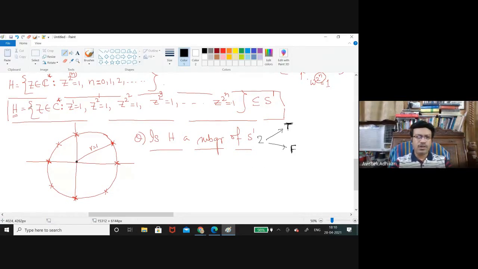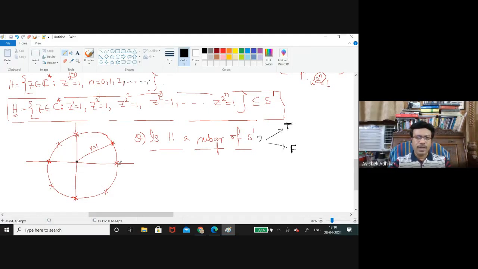Are you clear about the set H? It contains infinitely many elements, that means it's infinite. It keeps on going, but still within S1.